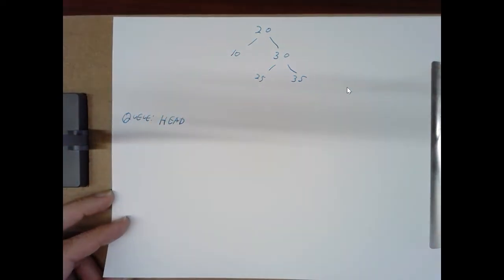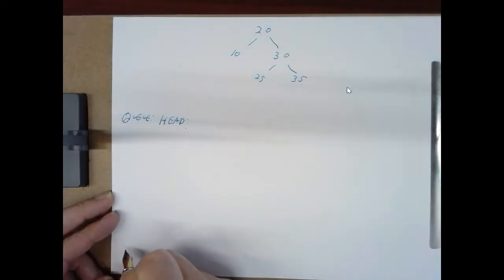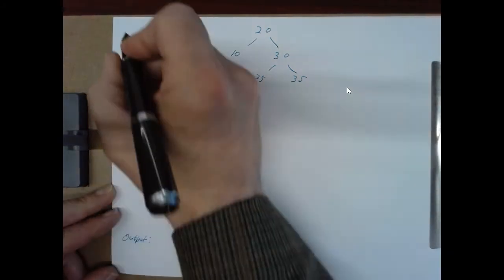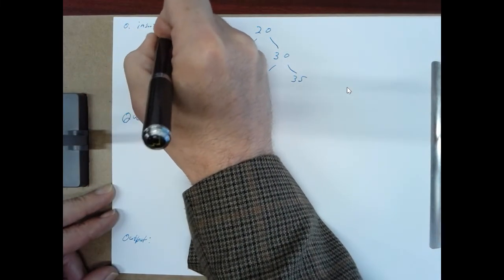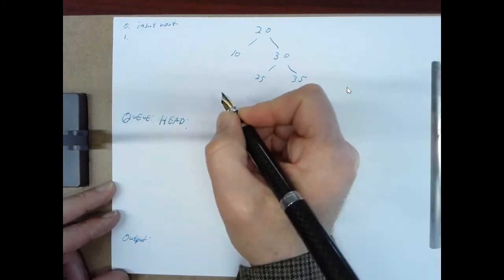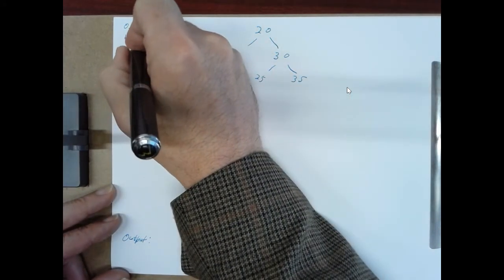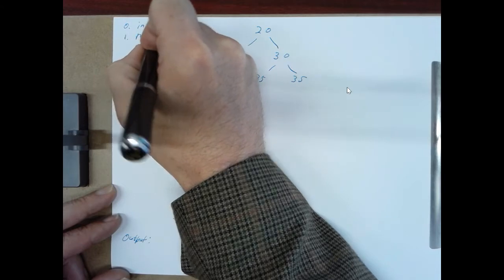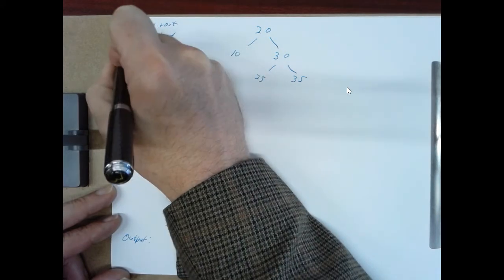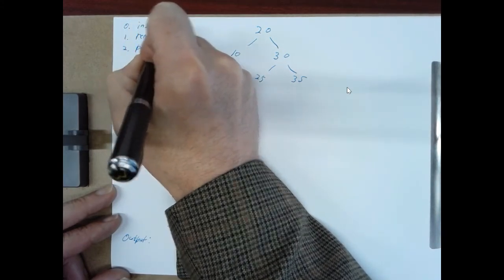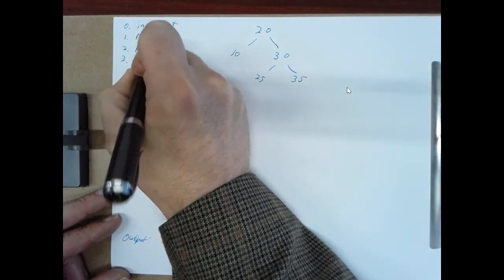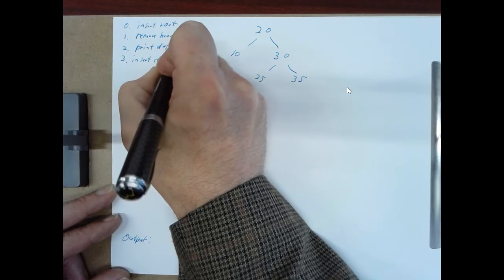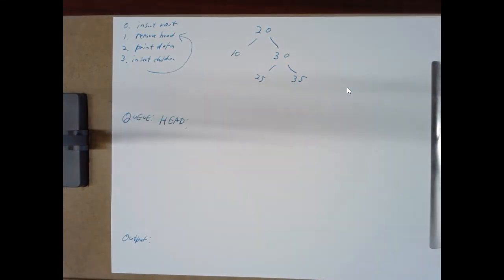We'll put the head over here on the left, and here's our output. And remember our algorithm. Our initial step: insert the root. Then our 3-step loop: remove the head, print the data, and then insert the children. And repeat that until we run out of nodes.